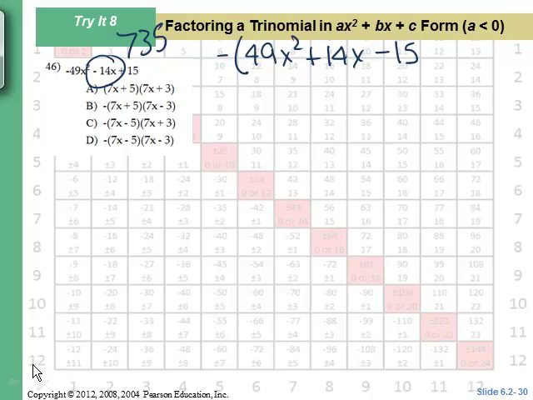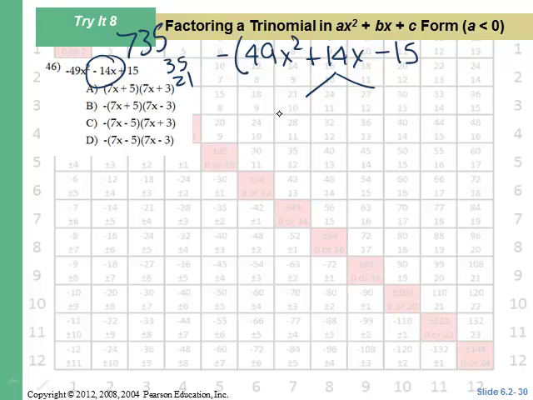Let's try 735 divided by 15 is 49. That didn't work out. Let's try 735 divided by 35 is 21. Those two, 35 and 21, are 14 apart.